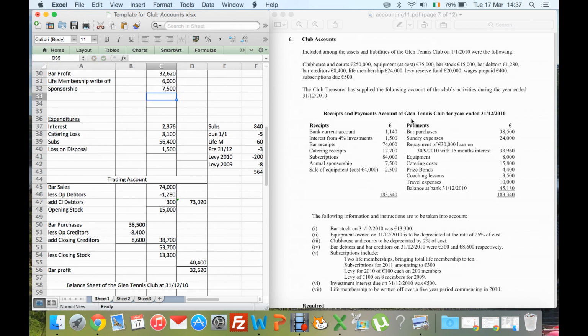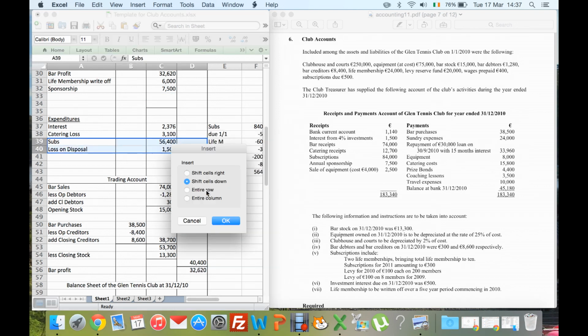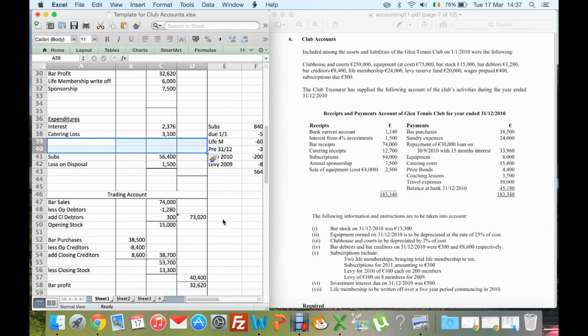Okay. Now, bar purchase we've dealt with. Sundry expenses, 24 grand. Now that's kind of general, all other expenses. I'm just going to squeeze a couple of extra lines in here to put some of those in. Now sundry expenses is 24 grand, and I just want to see if there are any other expenses prepaid or due.